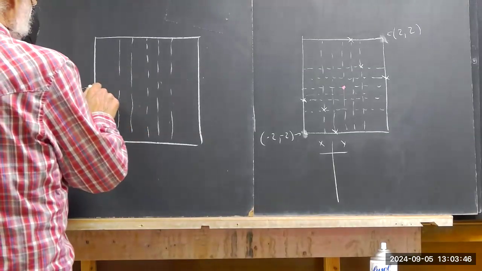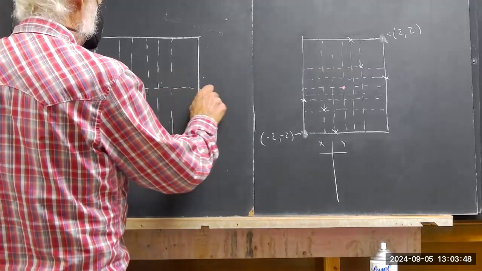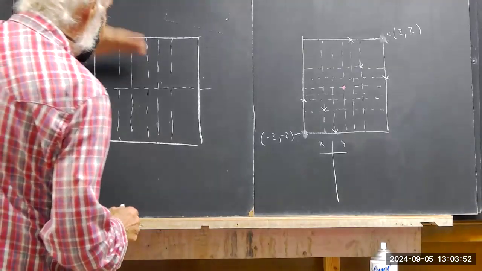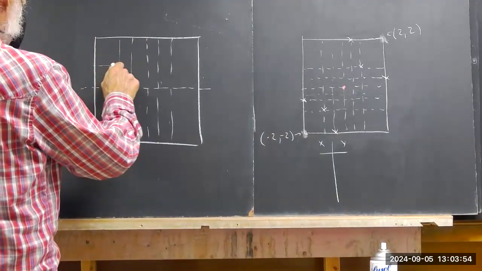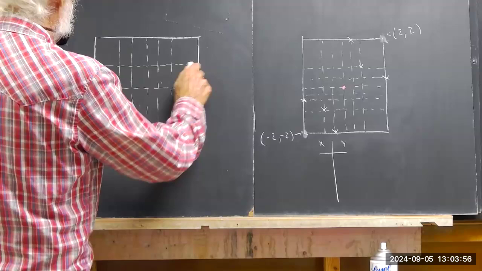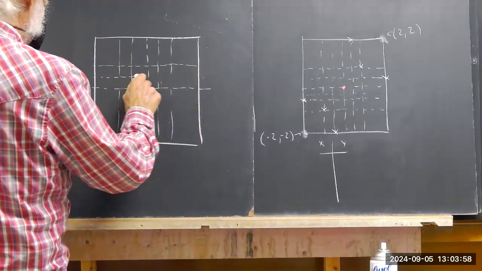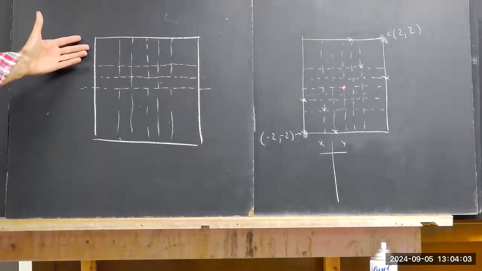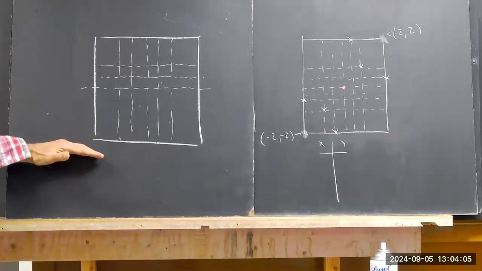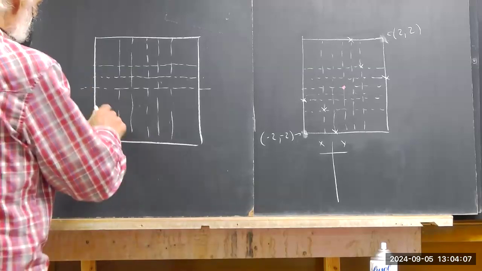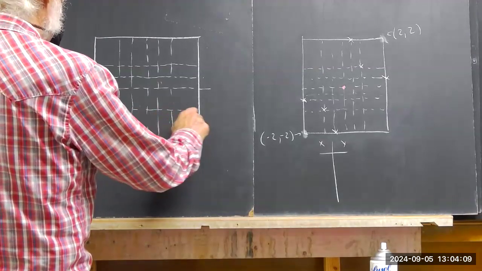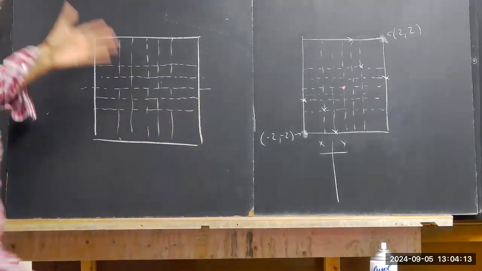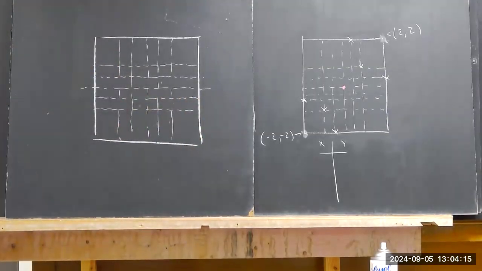We do the same thing with horizontal lines. There's our center. Now we start at the top and go halfway to the center, and then we go halfway from there to the center. Then from the bottom, we go halfway to the center, which is here, and then halfway to the center, which is here. It's not completely accurate, but that's the idea.